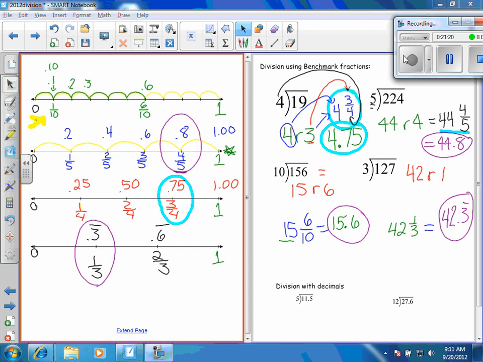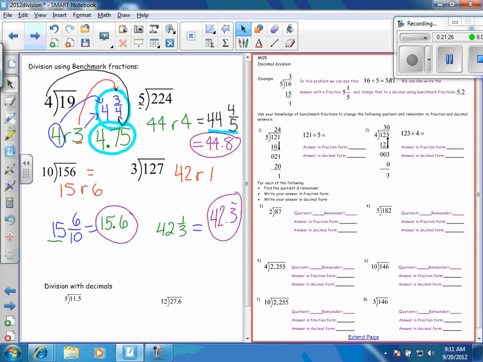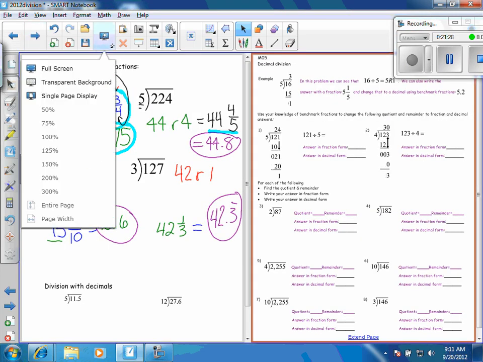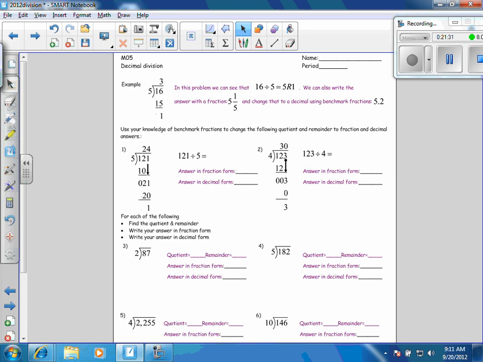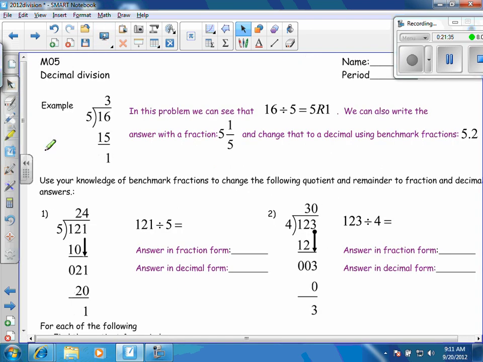Okay, let's take a look at the sheet I just passed out for you guys to practice. Here it is. And let's make it a little bit bigger there. So hopefully you could see that these problems here, here's an example, and the example is reviewing the warm-up.